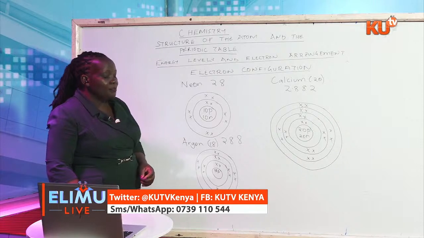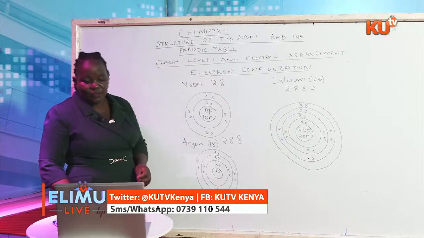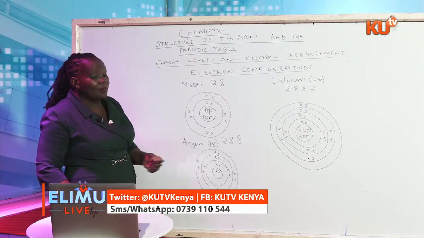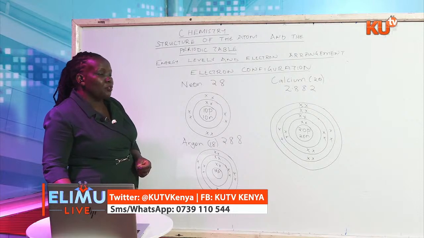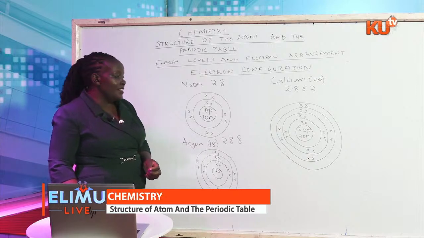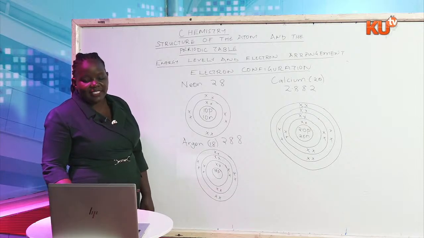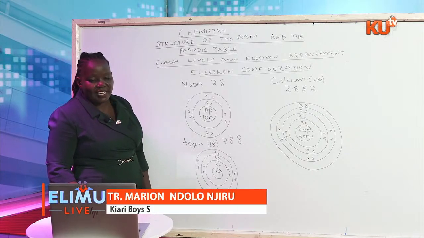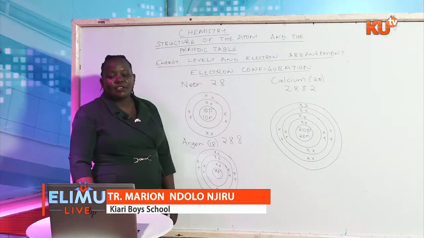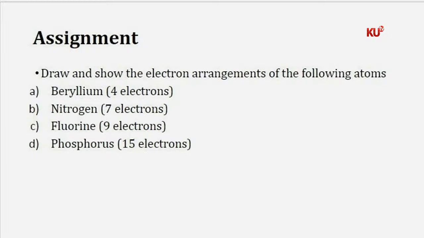So at that given point, it is my hope that if you are given the number of electrons that a given atom has, you can use that information in arranging the electrons in the energy levels. To practice on that, I'm going to give you an assignment. So we have the assignment on the screen, whereby we are supposed to draw and show the electron arrangements of the following atoms.